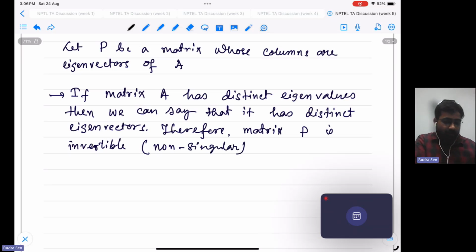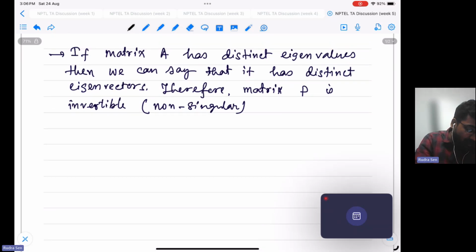Since the P matrix has columns which are the eigenvectors of matrix A, if all the eigenvectors are distinct, we can easily say that the P matrix is invertible. We can find the inverse of that matrix.